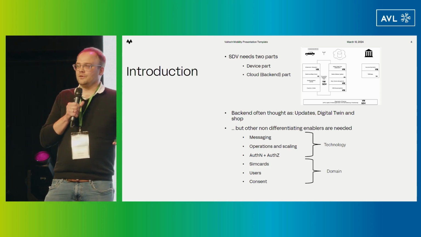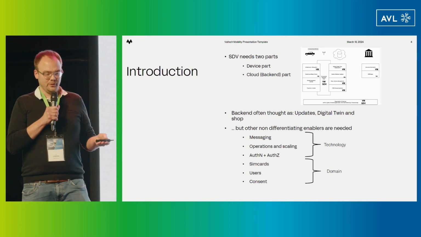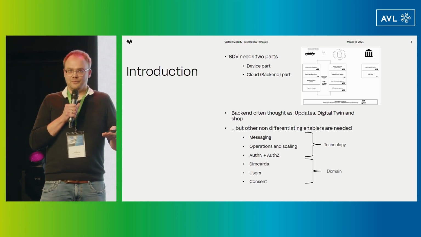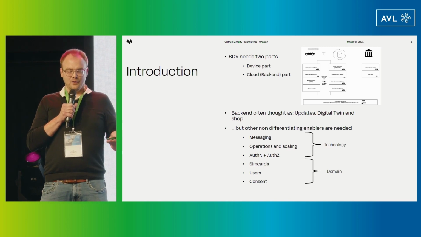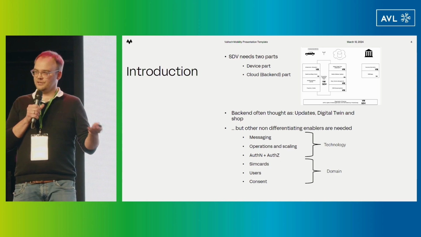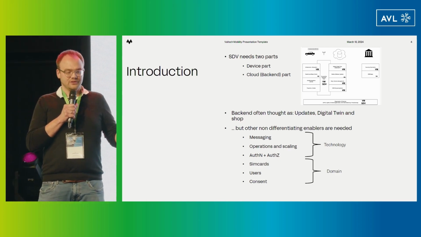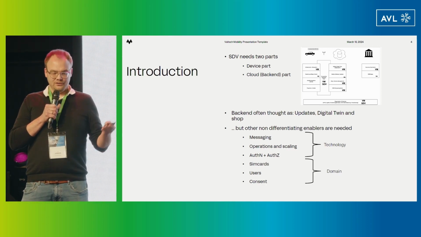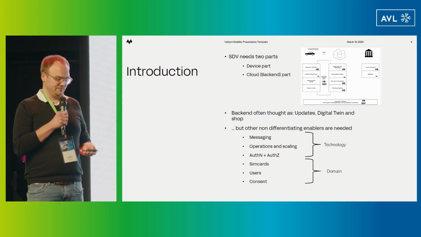Who is the owner of the vehicle? How is the owner represented? If you want to install software, you need consent from an owner or from a user in the car. Who owns the data the car produces? Do you have to associate it with an owner, or maybe with a guest user? These are all domain parts which a backend needs to address.